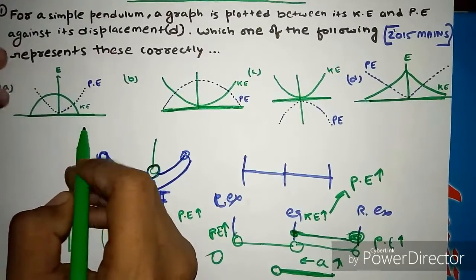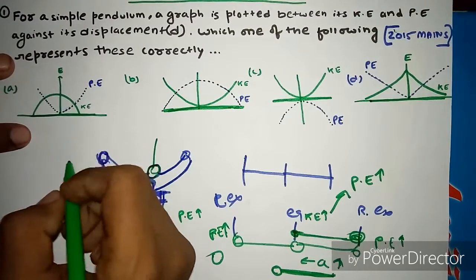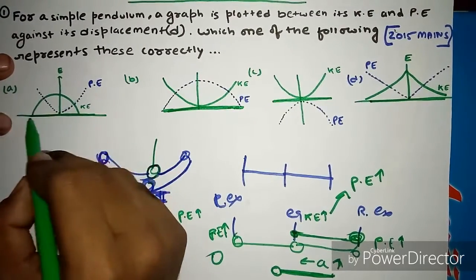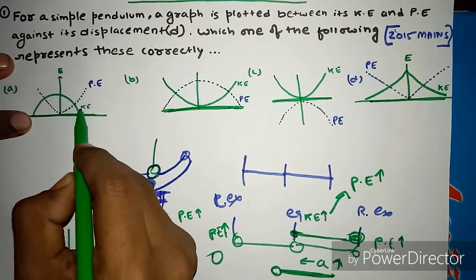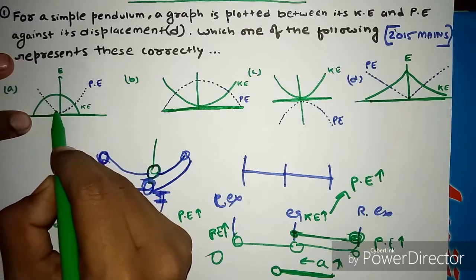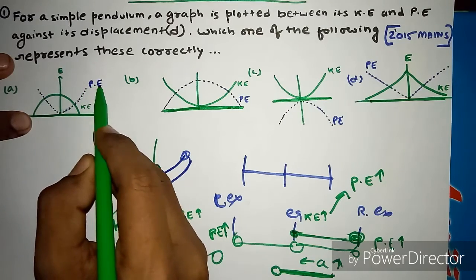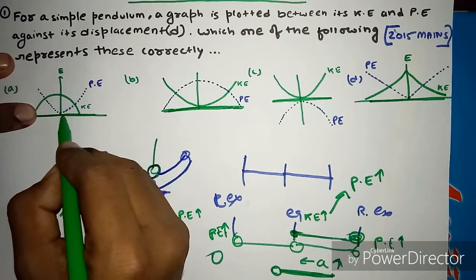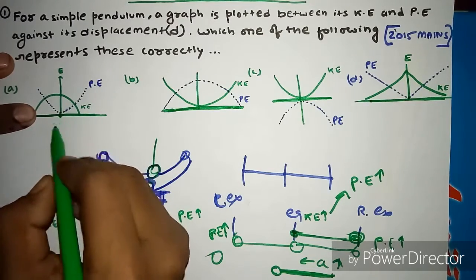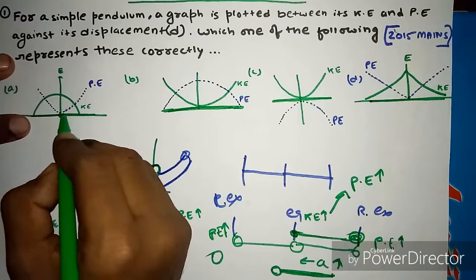If we take the first graph, this green color represents the kinetic energy graph, and this blue dotted line represents the potential energy graph. If we take this as a reference, this is the origin.